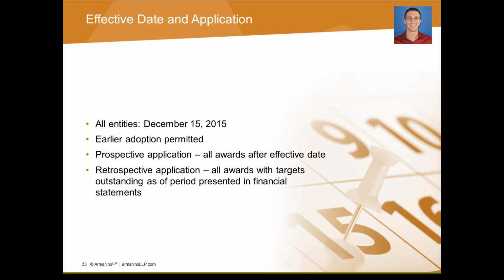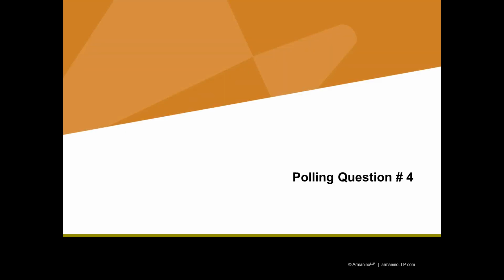So it's a pretty subtle change and clarification, just giving some guidance on exactly how you handle those performance awards, and you don't necessarily need to take into account the probability in the grant date fair value.